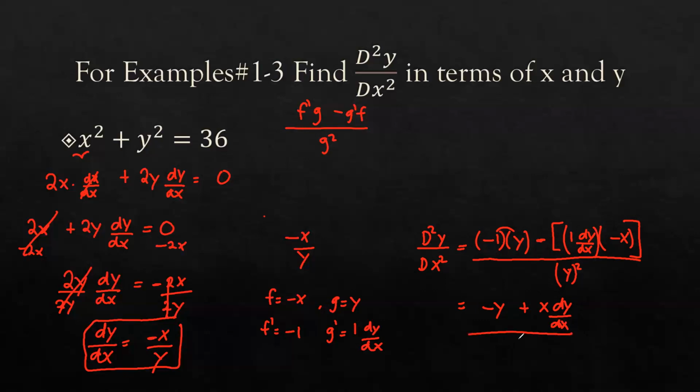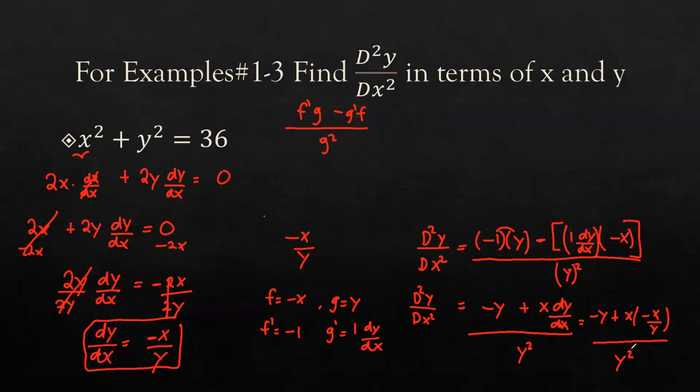All over y squared. I'm glad that we boxed dy/dx because now we're going to substitute dy/dx with that. So it's going to be -y plus x, and then dy/dx is -x over y, all over y squared.